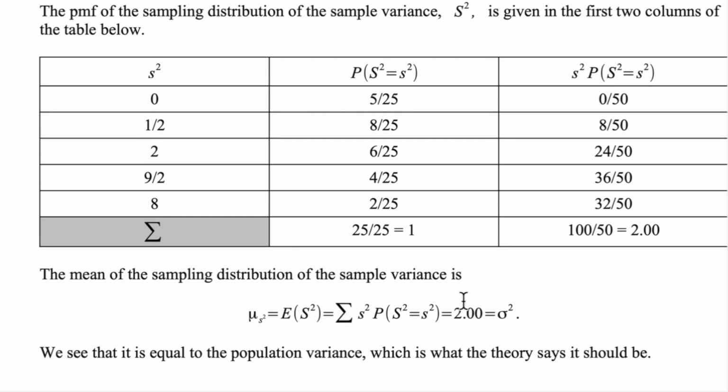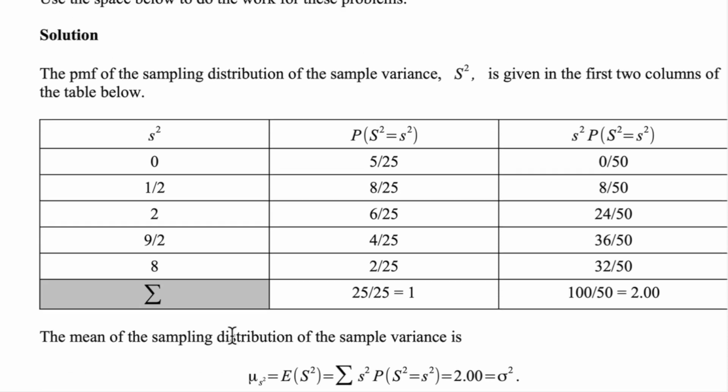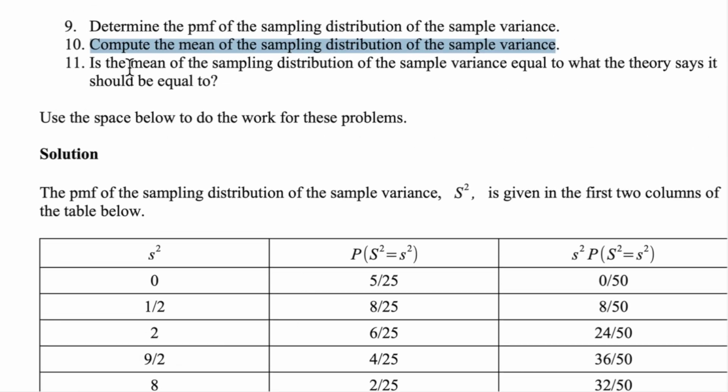And so I get 2 for the mean of the sampling distribution of S squared. All right, and so we then consider the question, is the mean of the sampling distribution of the sample variance equal to what the theory says it should be equal to?